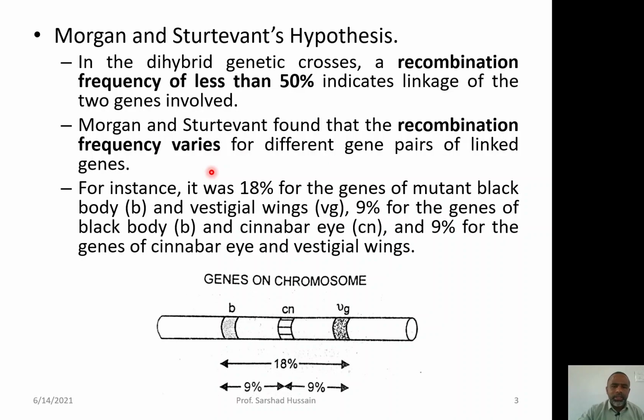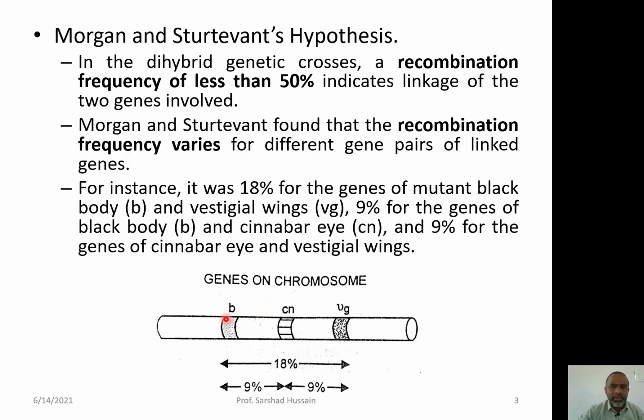So, it means if one gene is present over there, another gene over there, and another over there, the recombination frequency of B and Cn, of Cn and Vg, and of B and Vg will not be the same. So, it varies from pair to pair of genes.